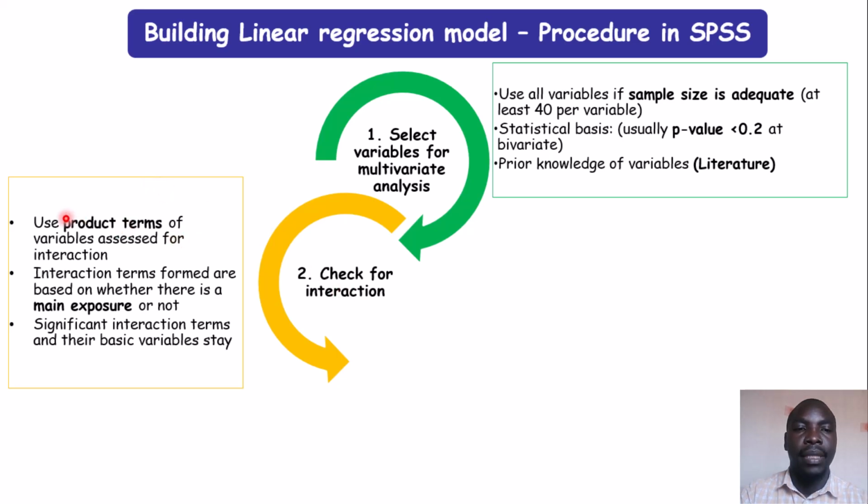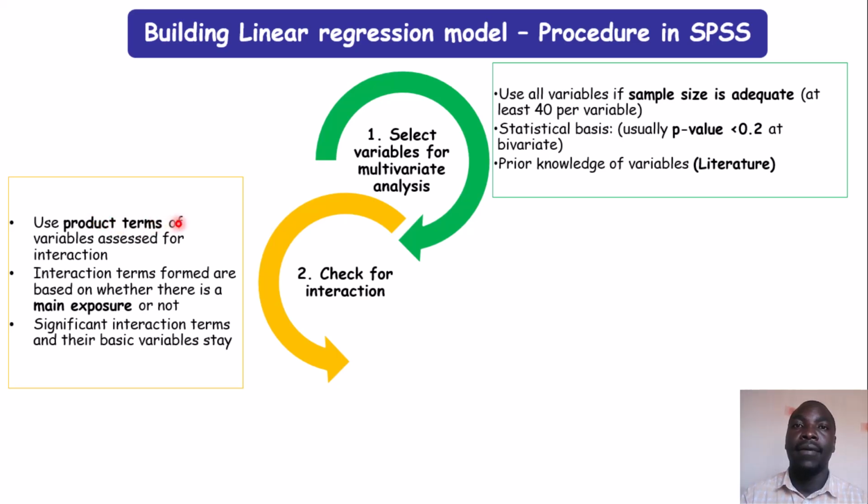interaction terms. When we talk about interaction terms, we are basically talking about product terms. If I have a variable male, gender, and age, I call those basic variables. But if I want an interaction term between them, I multiply gender and age. So that product term is what we are calling an interaction term.